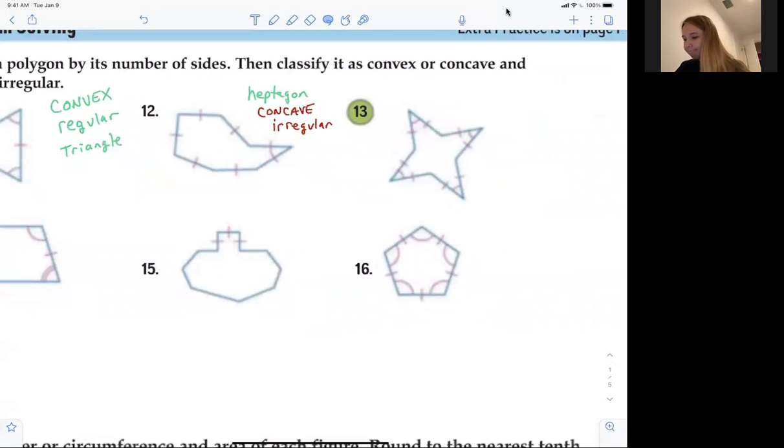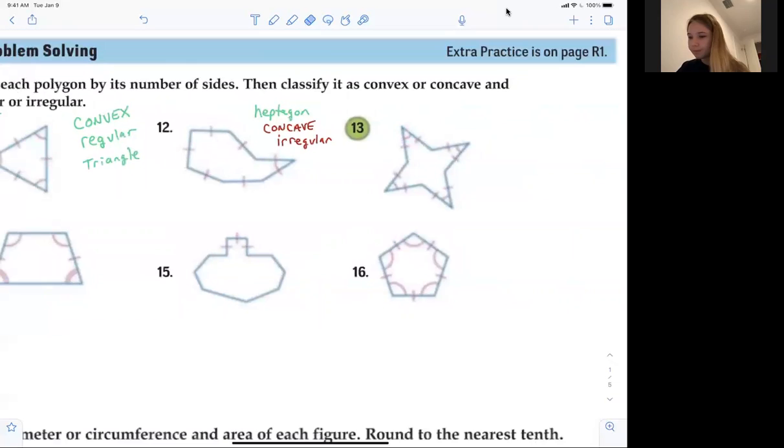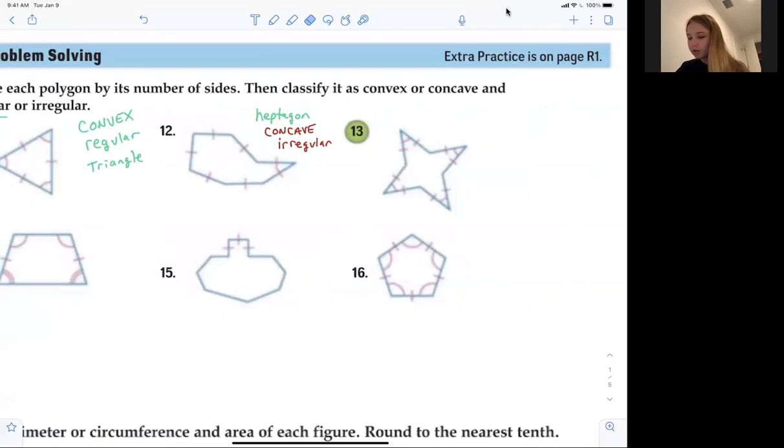Now for 13, that's called a what? Octagon. It's called an octagon. Is it convex or concave? Concave. Is it regular or irregular?